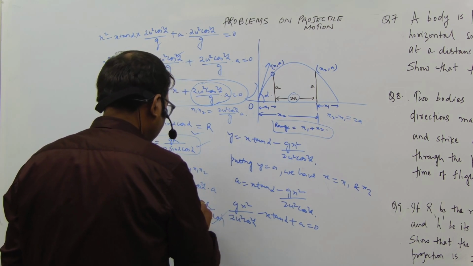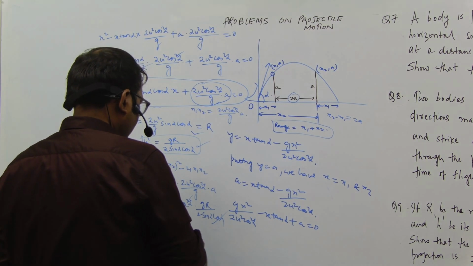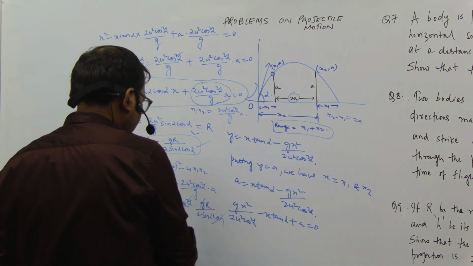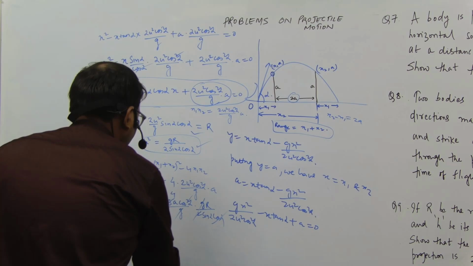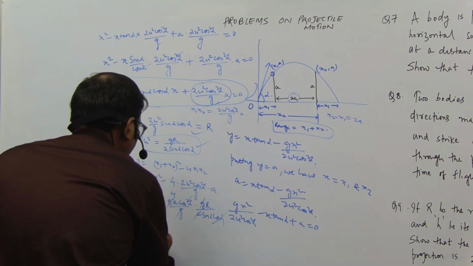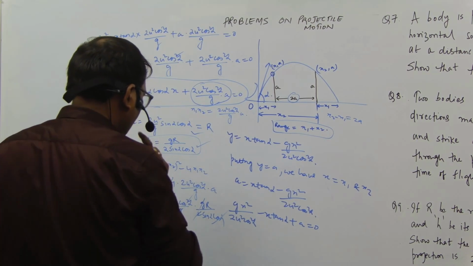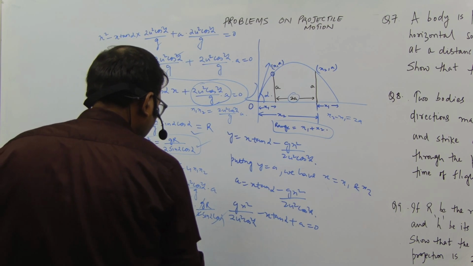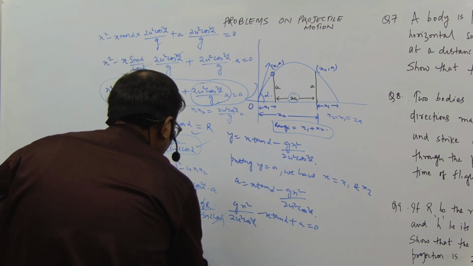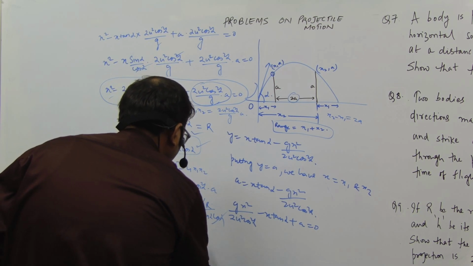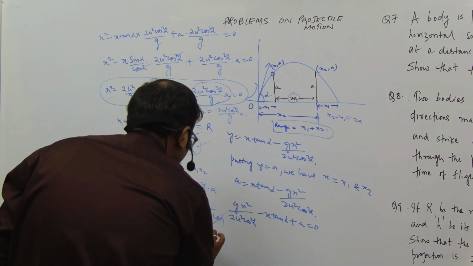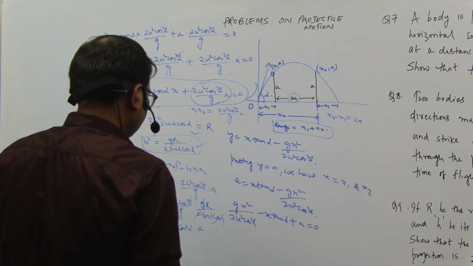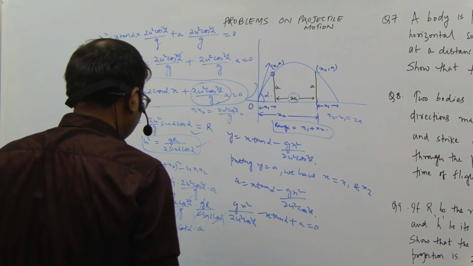This gets cancelled, and this gets cancelled. So 16a square is equal to R square minus 4R cot alpha into a.